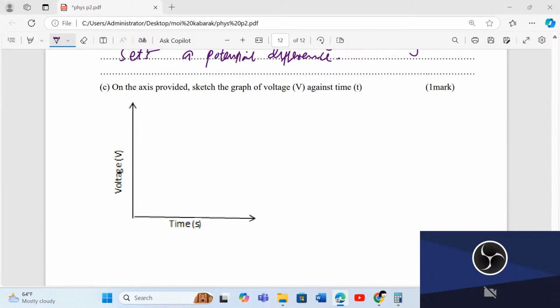On the axis, sketch the graph of V against t. We expect the voltage on the capacitor to be increasing.